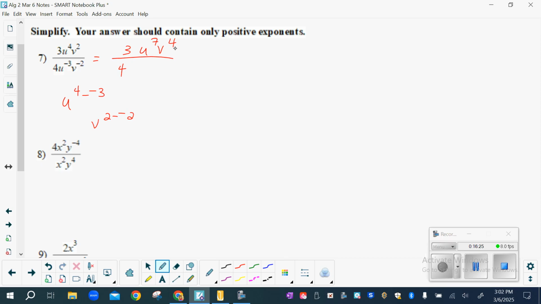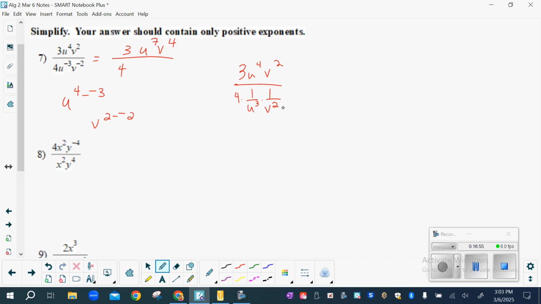So you could have done this problem differently if you wanted to. You could have taken the ones with the negative exponent on the bottom. Anybody know what I do with that if I want to get rid of that negative on the bottom? So this really represents 3u to the 4th v squared over 4 times 1 over u to the 3rd times 1 over v squared, right? So where do these go then?